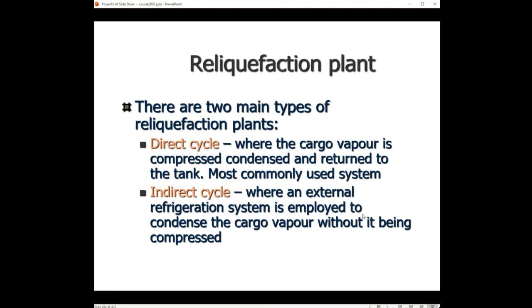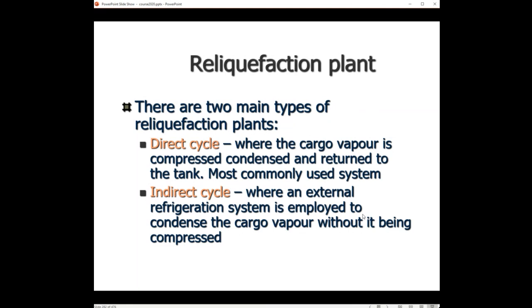And then it will become a block. You will not be able to discharge it anymore. So it is used to make a solid of it, but preferably not in your tanks. So in that case, you will not be able to use a direct cycle for VCM. However, it is possible when you use inhibitors. These are additional products you mix with the cargo in order to prevent this polymerization.